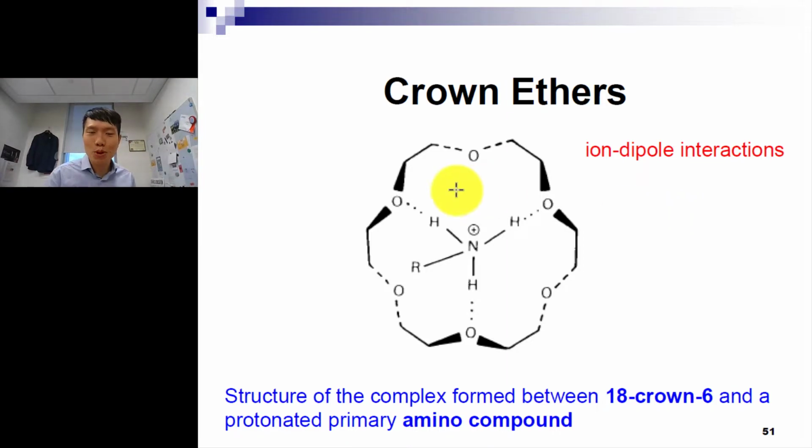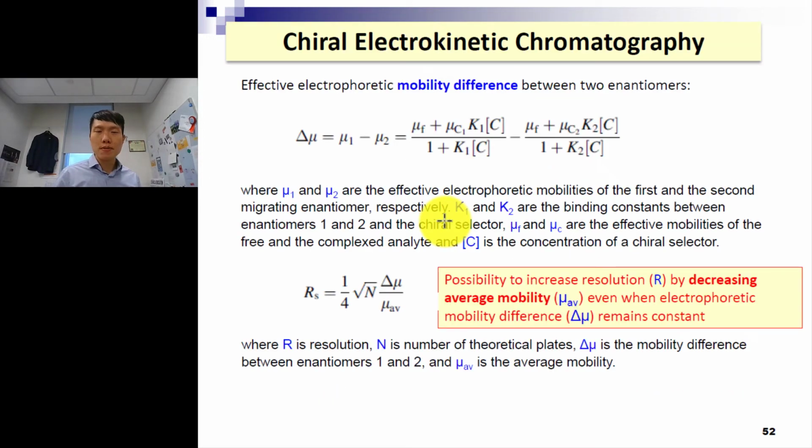Why is it 18? Think a bit more. You see this joint here, 1, 2, 3, 4, 5, 6, 7, 8, 9, 10, 6 oxygens in the ring, 18 points. In the middle, you have this ammonium ion, N plus, and you have an ion-dipole interaction.